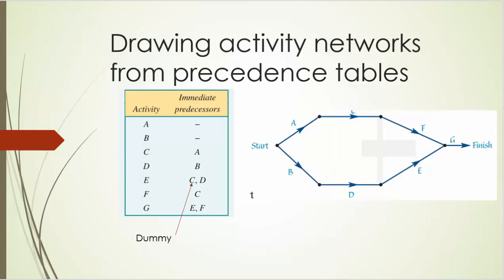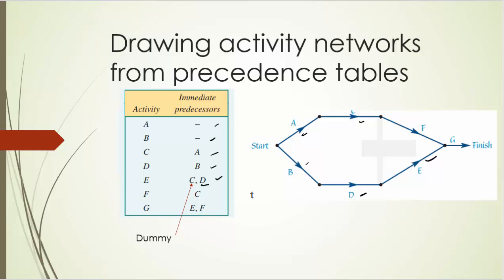What has happened here is that we have drawn all the non-dummy activities in first. So A and B, fine. C is preceded by A. D is preceded by B, that's good. E is preceded by D, that's that one there, but not the dummy.